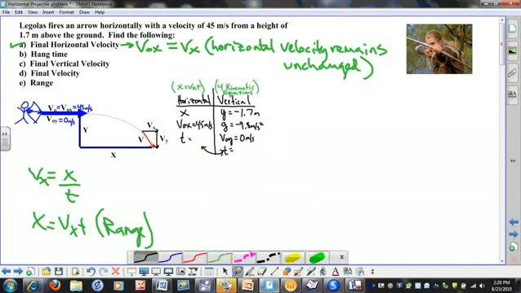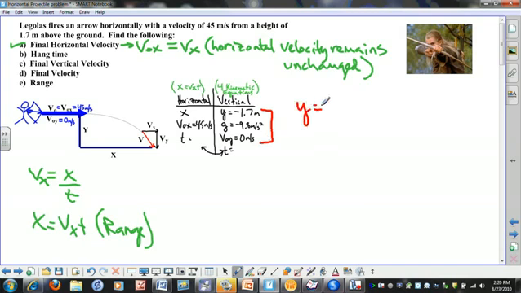Now, let's solve for t. If we've got these 3 variables and we're looking for t, there's no mention of final velocity in this particular list of variables. So what we're going to do is pick the equation that does not have final velocity in it, which is y equals v naught y t plus 1/2 g t squared.